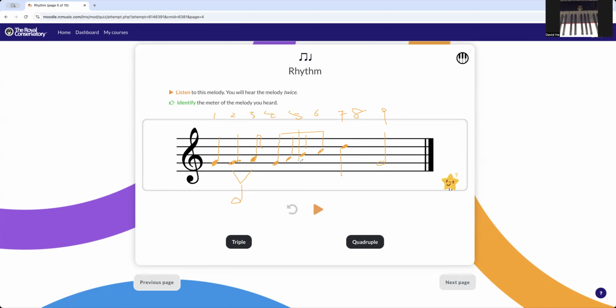And then we can draw a line in here. 1 and 2 and 3 and 4. So is it triple or quadruple here? It's very easy to recognize, right? It's quadruple. 4/4. So this is this one.